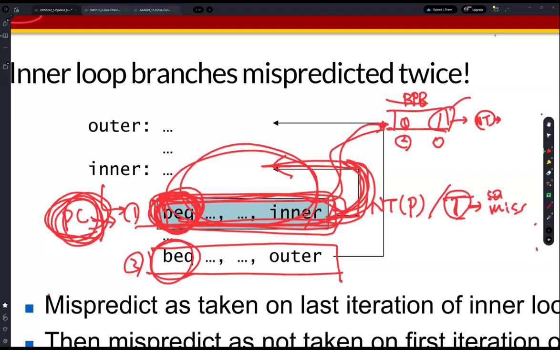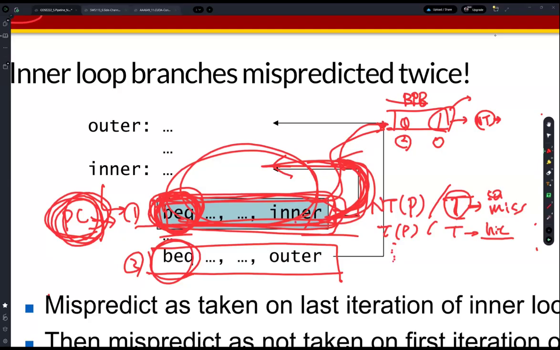So it will be predicted as taken. And what is the real behavior? I said that this inner loop will be taken again and again. The real value is taken. So this is a hit. This branch instruction is predicted correctly, right? Again and again. Then how about in the last iteration?